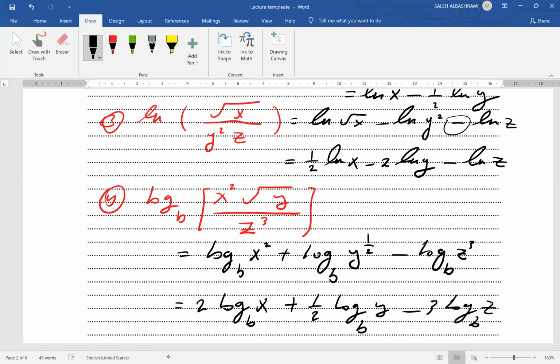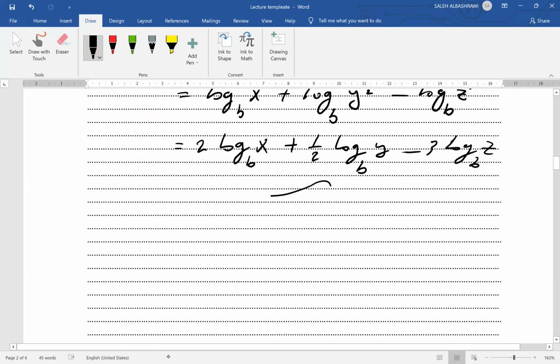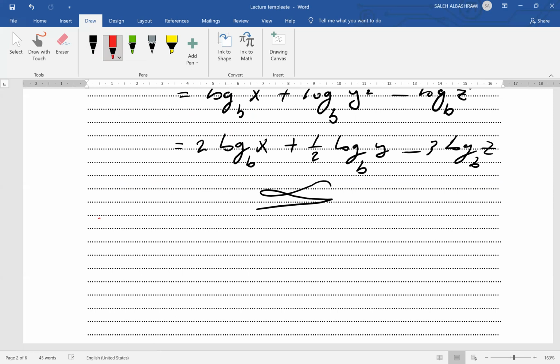Now, if we reverse the process, suppose that you are given the expanded form and we need to write it as a single logarithm. This will be the second type of the questions.